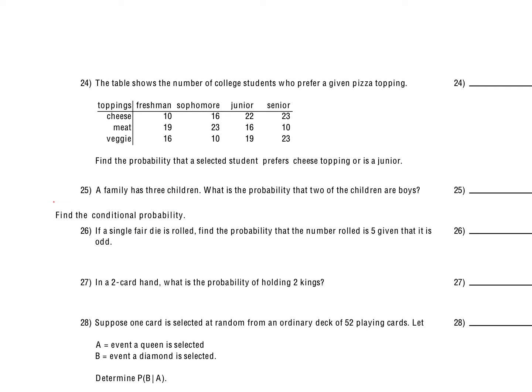The table shows the number of college students who prefer a given pizza topping. Find the probability that a selected student prefers cheese topping or is a junior. So cheese topping would be adding up these numbers, or is a junior would also include these numbers. You don't want to add the 22 because then you would add those people twice.